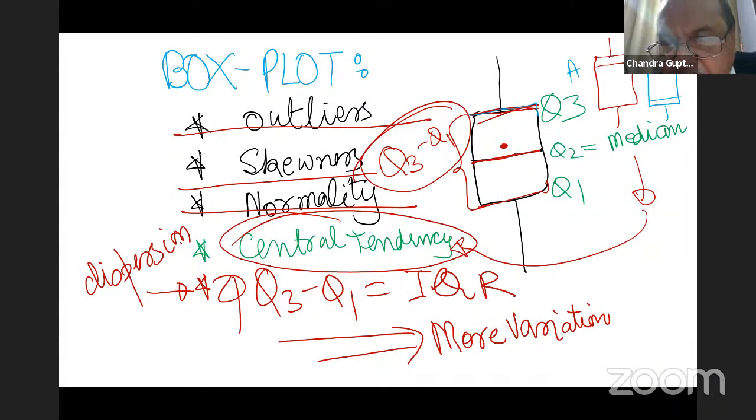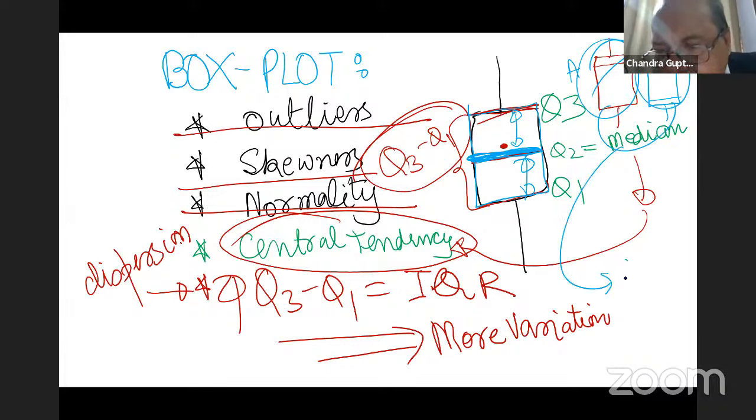And if we have a third graph, which is like this, what will you say? This is in between, exactly in the middle, symmetrical, normal. These two are skewed distributions. So one is positively skewed, another is negatively skewed, but they are showing the skewness of the data.